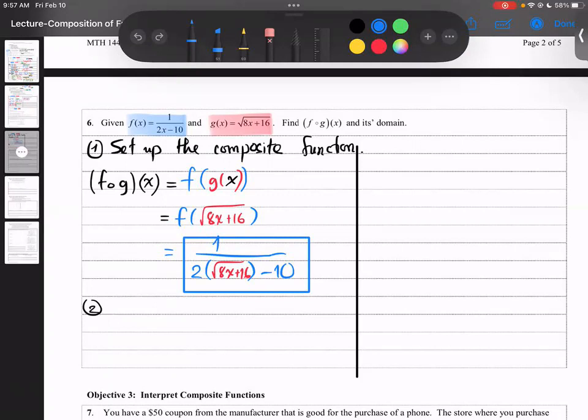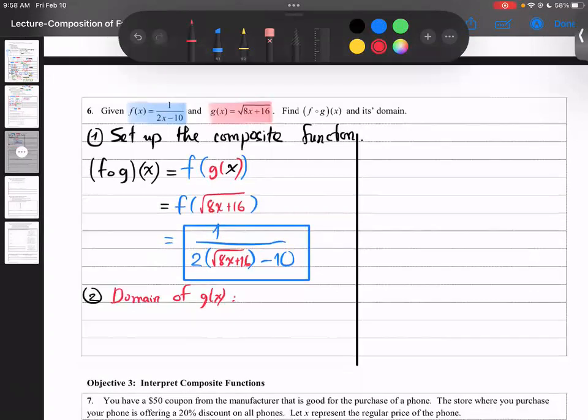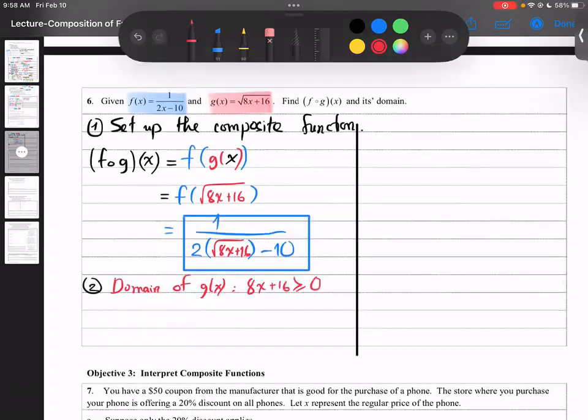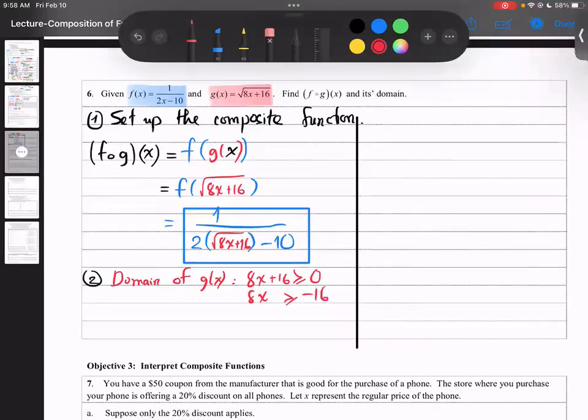Let's find the domain of g first, because g is the inside function. What does it mean to be the domain of g of x? It's the square root function, so everything under the square root has to be at least 0. That implies ax plus 16 is greater than or equal to 0. Subtract 16 from both sides: ax is greater than or equal to negative 16. Divide both sides by 8: x is greater than or equal to negative 2.